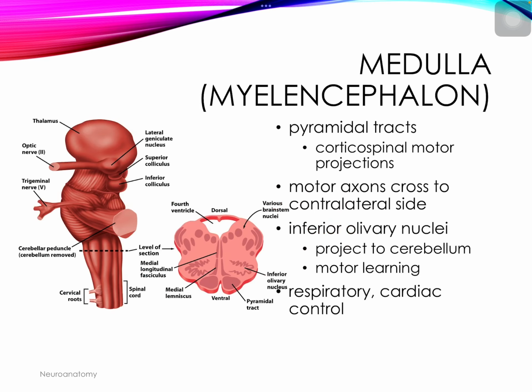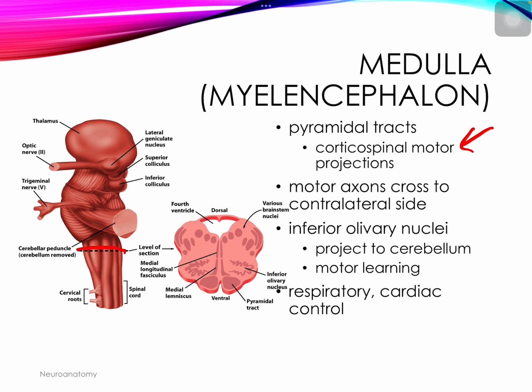Now let's talk about the medulla here, which is the bottom part of the brainstem leading into the spinal cord. The medulla is an important feature because it contains these pyramidal tracts, and these projections are corticospinal motor projections. These do cross contralaterally, so those motor axons are going to cross sides here.